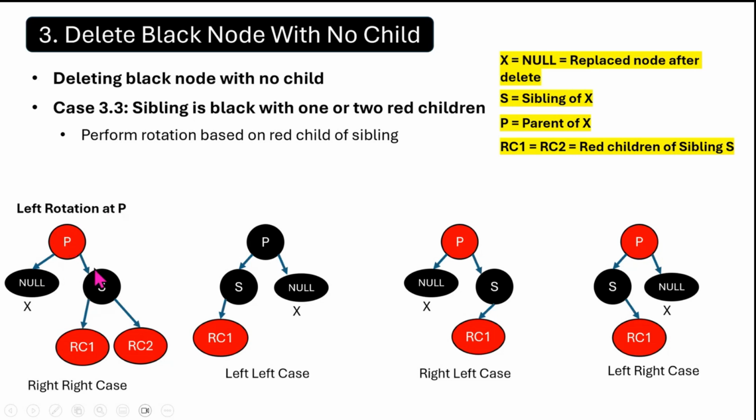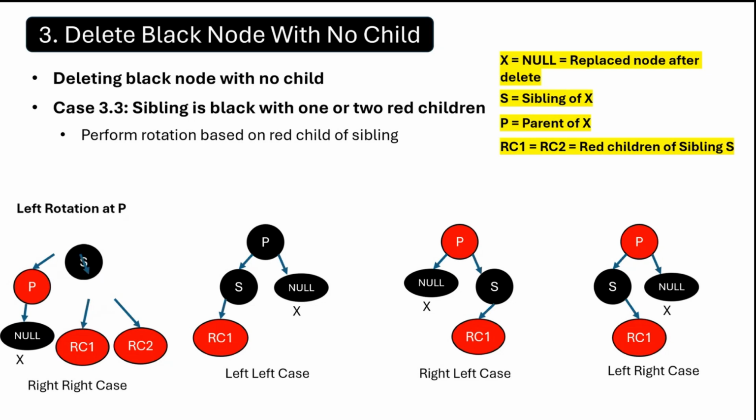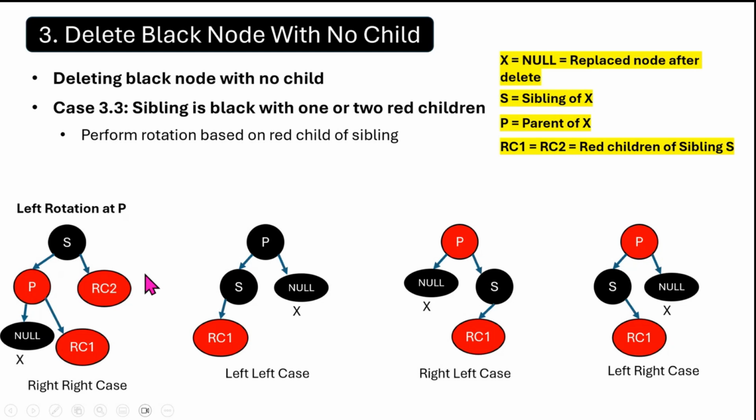Left rotation we do in this case. So we know how the left rotation works. Basically, the right child of the P becomes the new parent, and the old parent becomes the left child of the new parent. And if the new parent had any previous left subtree, then it becomes the right subtree of the old parent. Okay, fine, we did. Now, what do we do?